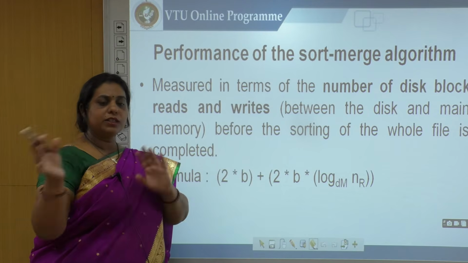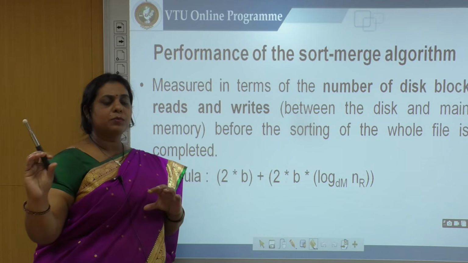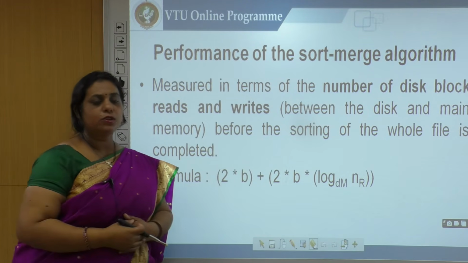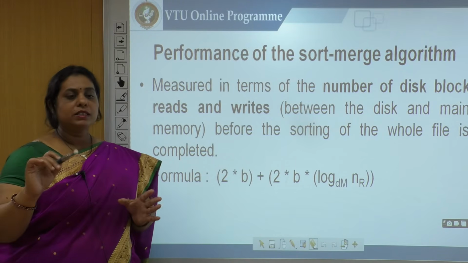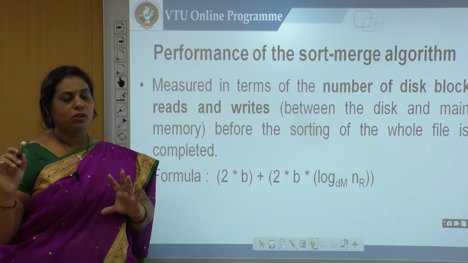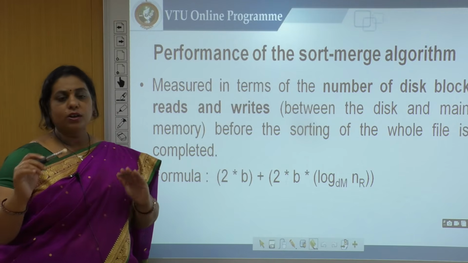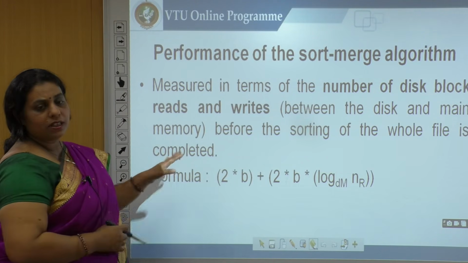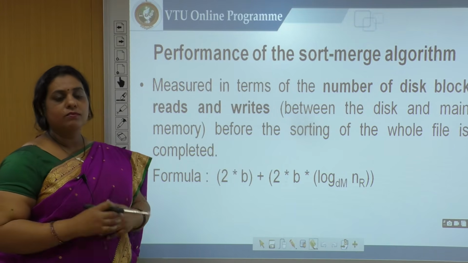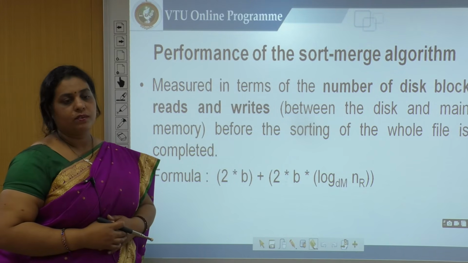To sort it, I took it into the main memory part by part, because the entire file was unable to fit into the available memory. So it is measured in terms of the number of disk blocks that were read or written, that is the movement between the disk and the main memory before sorting the whole file, right?